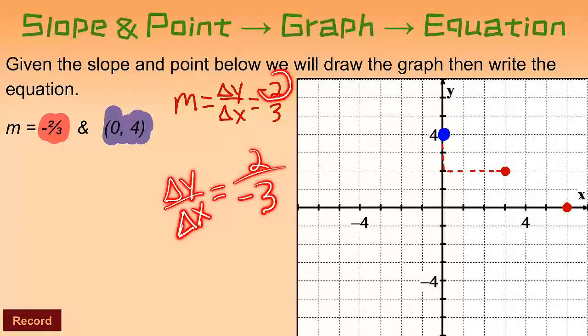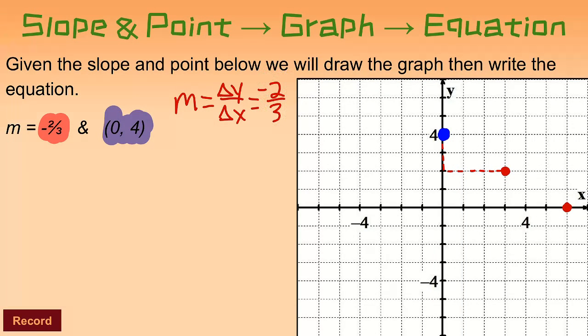So this was down 2 and to the right 3. This is up 2 and to the left 3. So from our blue point there, up 2 and to the left 3 means we have a point right there. And that's all we can get on that one.